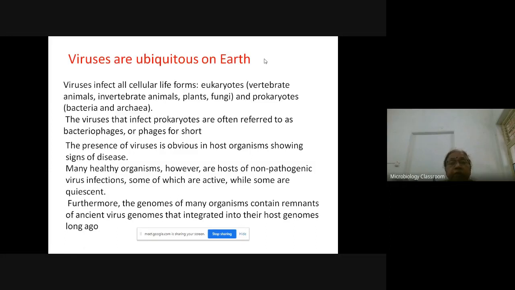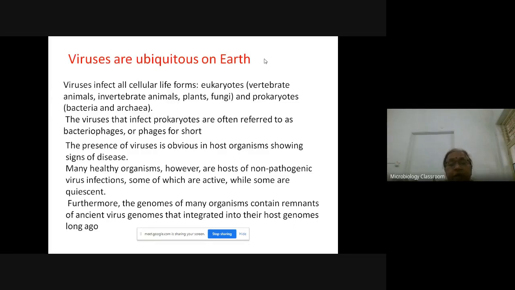So viruses infect all cellular life forms. That is, they infect the eukaryotes, which include the vertebrate animals, invertebrate animals, plants, fungi, and the prokaryotic cells, which include bacteria and the archaebacteria.